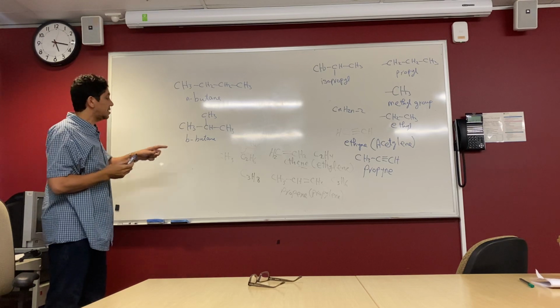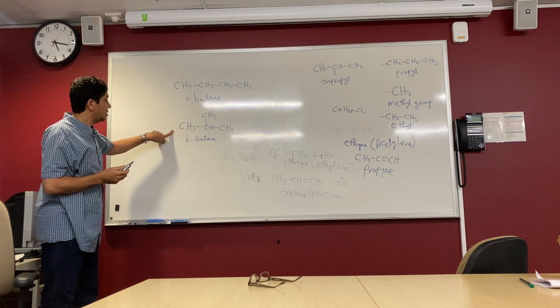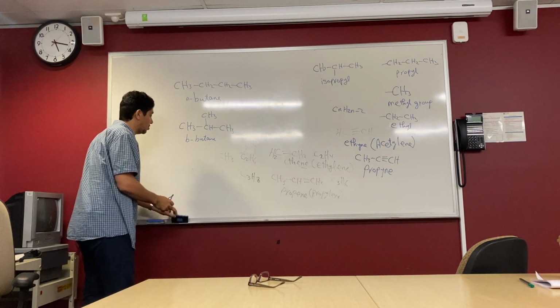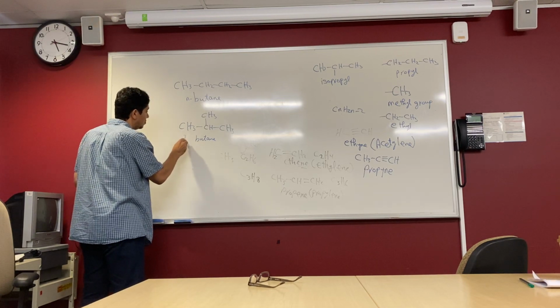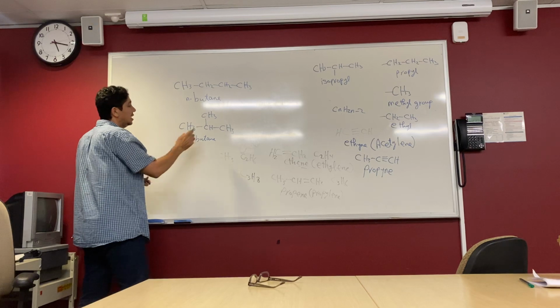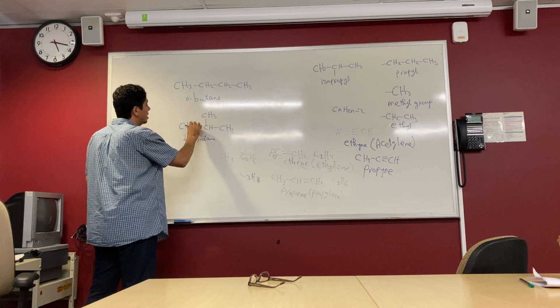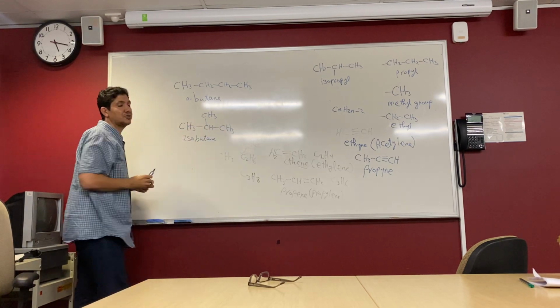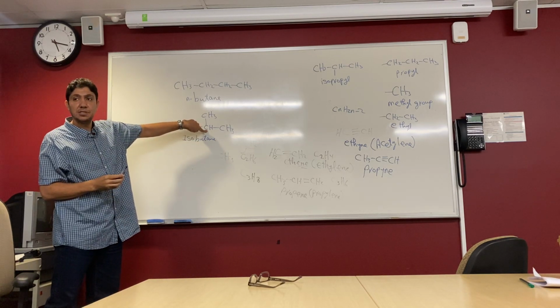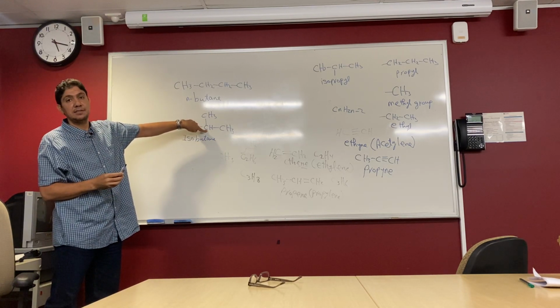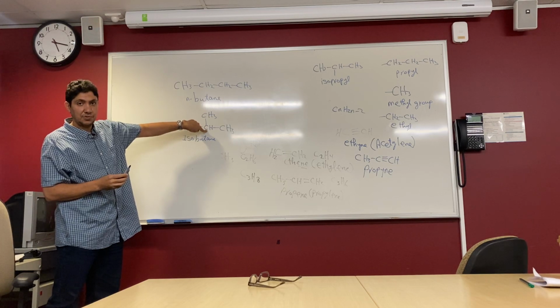Okay? But in isobutane, this is called the branched butane or isobutane. Isobutane has 9 primary hydrogen atoms. And only 1, you know what's the name of this hydrogen? Tertiary hydrogen, yes. So it has only 1 tertiary hydrogen.